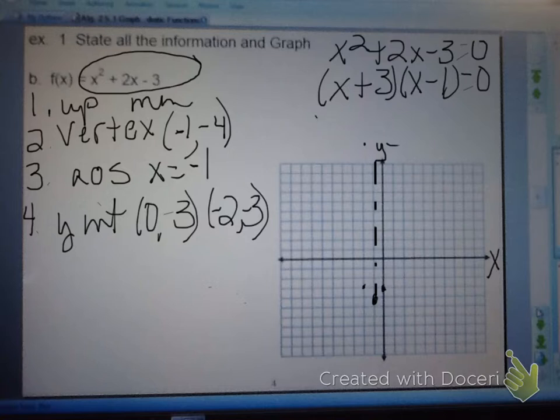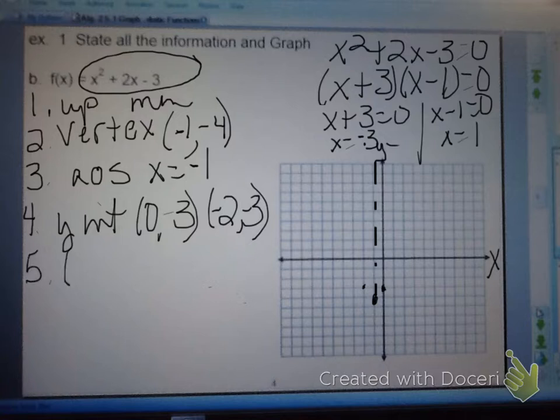I did this in my head, but let me go ahead and show you. Take x plus 3 equal to 0, and x minus 1 equal to 0. So x is equal to negative 3, and x is equal to 1. So those are the ordered pairs, negative 3, 0, and 1, 0. Plot those points.